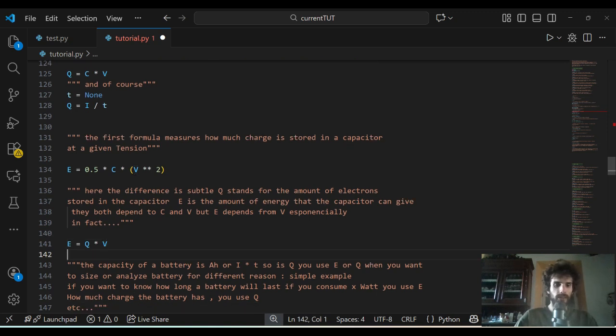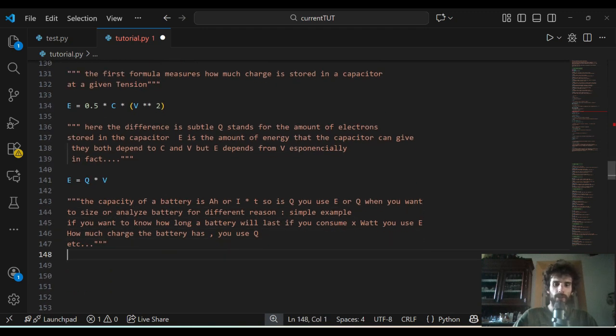For example, I'm giving a simple example. If we want to know how long the battery will last if we consume a determined amount of watts, what we are actually going to use is E, the energy. How much charge the battery has, we use Q.